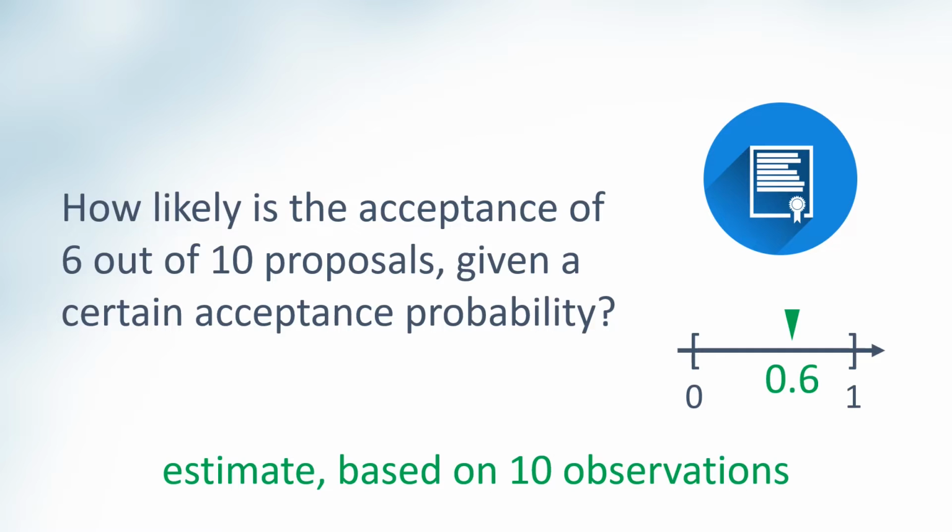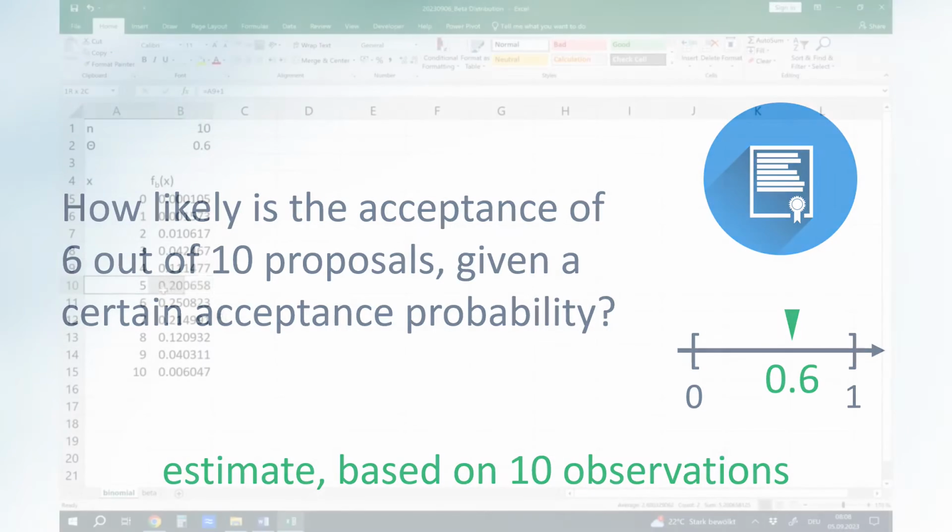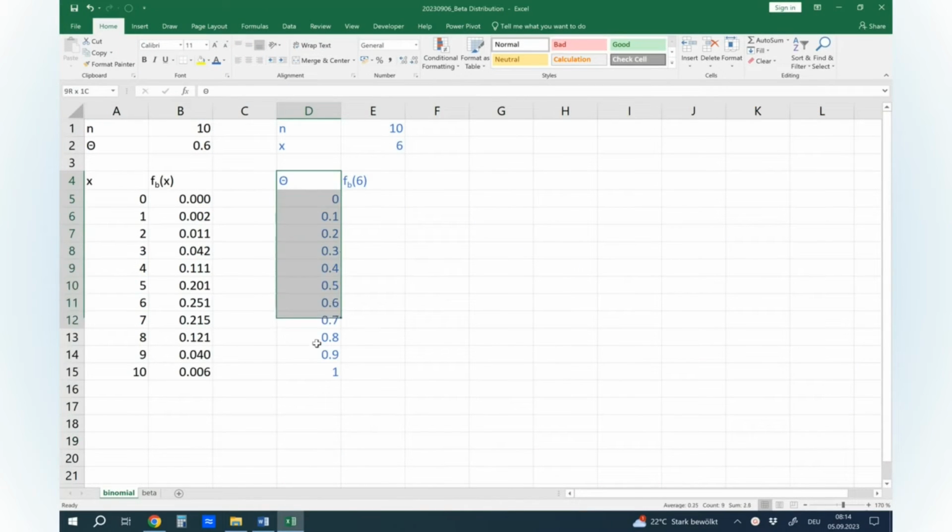So, what do I mean by that? Let me repeat the calculation, but this time experiment with different acceptance probabilities theta and find out how likely each of them would make a total of 6 acceptances.